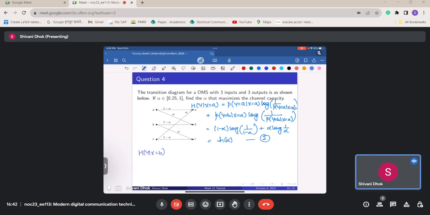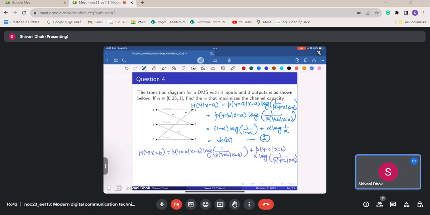So in that situation, I can write this as probability that y equal to b given x equal to b into log of 1 upon probability that y equal to b given x equal to b, plus probability that y equal to c given x equal to b into log of 1 upon probability that y equal to c given x equal to b.